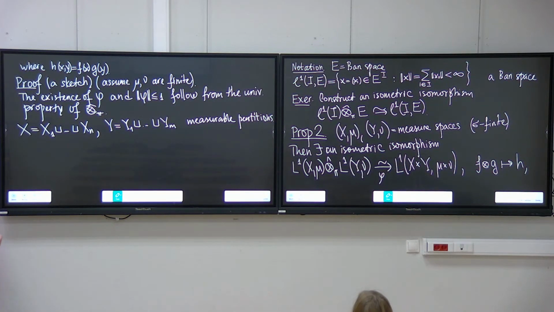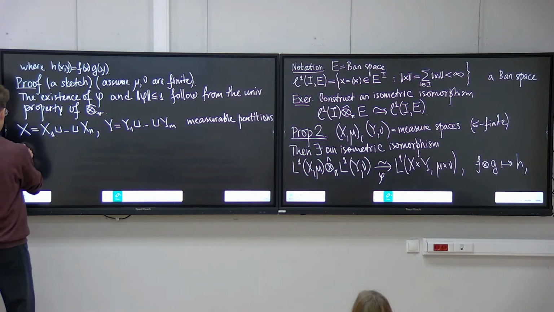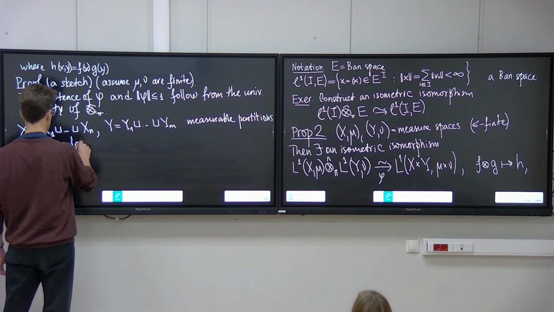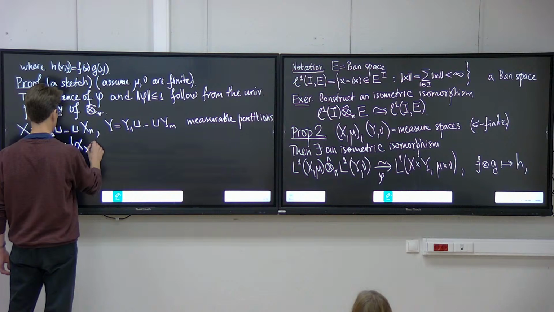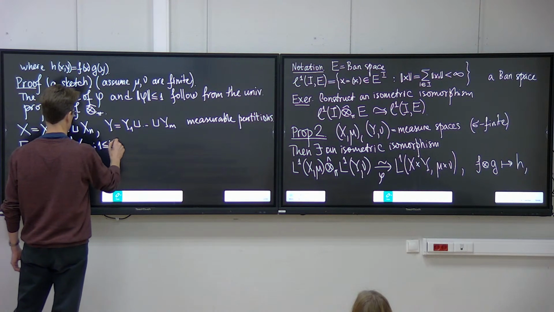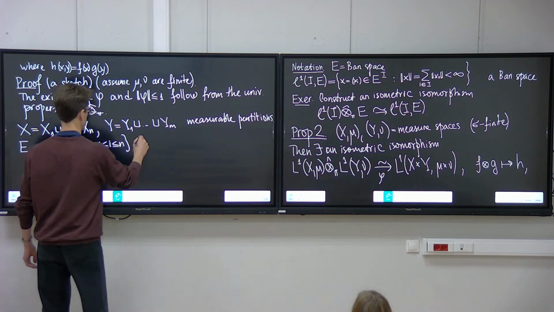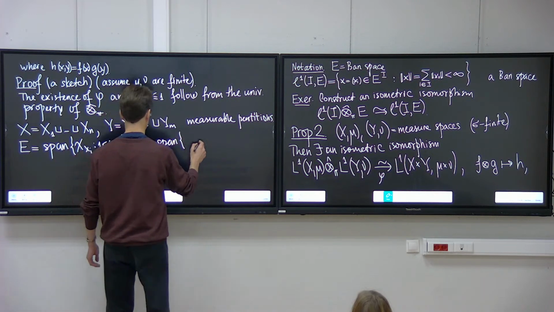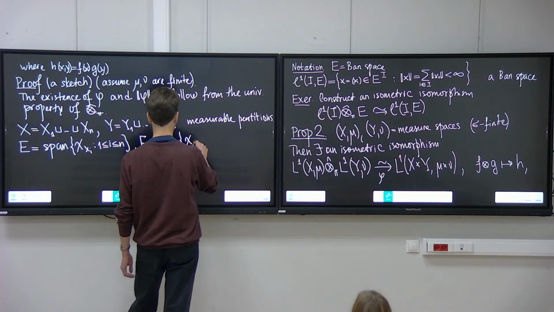So we consider two such measurable partitions, and we denote by E the linear span of the characteristic functions of the first partition, Xi, and we denote by F the span of the characteristic functions corresponding to the second partition.